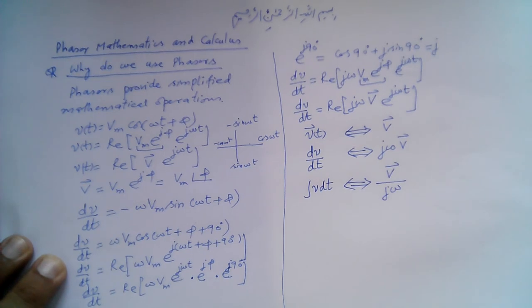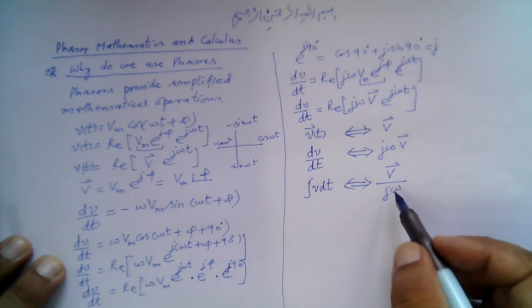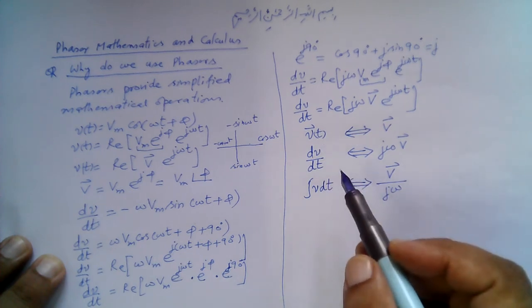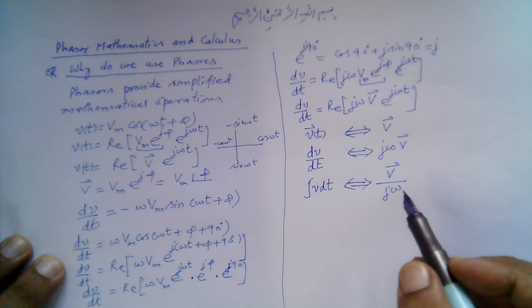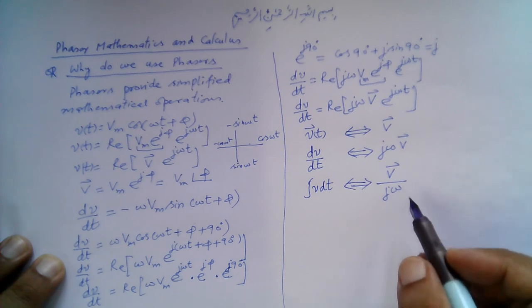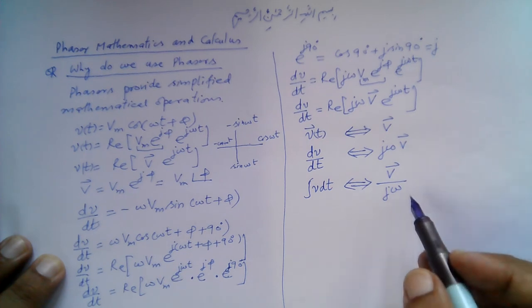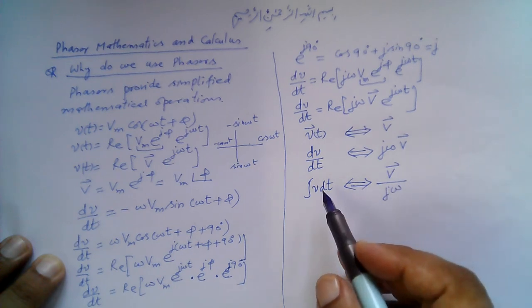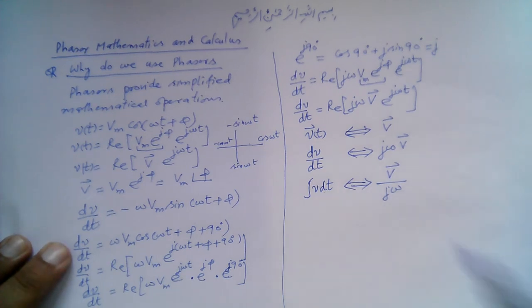So in the time domain, integration corresponds to a division operation in the phasor domain. The calculus operations of differentiation and integration in the time domain are simply transformed into algebraic addition, multiplication and division operations in the phasor domain. This is a quite simplified approach compared to the complex operations of differentiation and integration in the time domain, right?